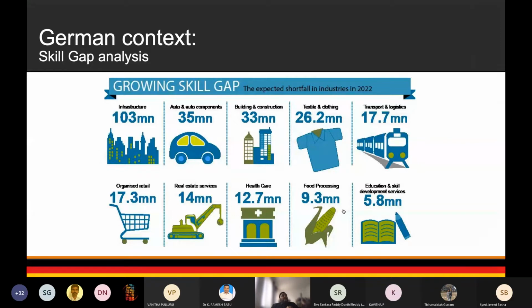The analysis was done before the corona pandemic, but after the pandemic a lot of the job scenario has changed. Let's see how the perspective has changed and how new technologies have impacted it, from the analysis of the World Economic Forum.